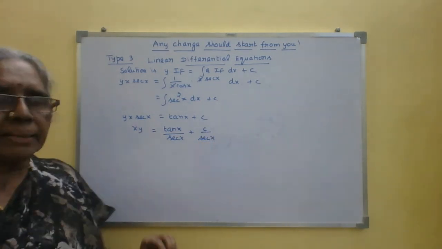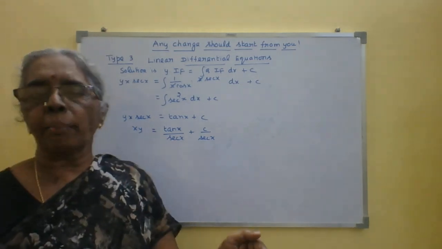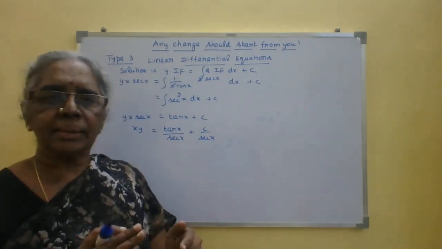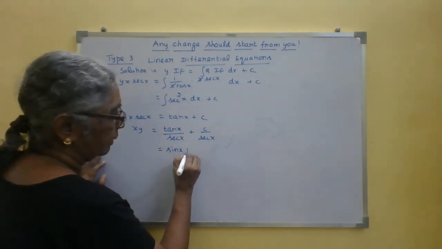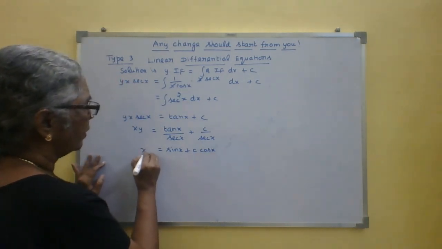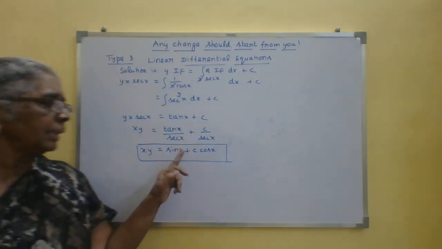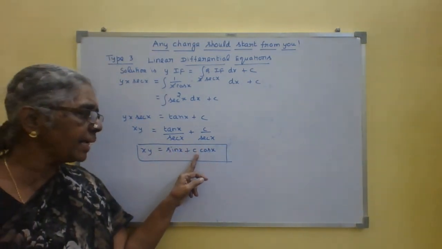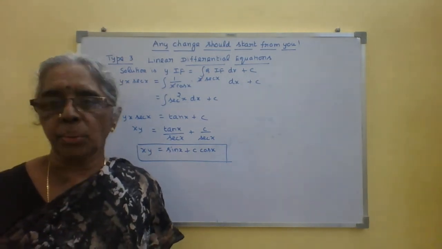Tan x is sin x by cos x, secant x is 1 by cos x, so the cos x and cos x get cancelled. I will get sin x here, and here c cos x. So xy is equal to sin x plus c cos x, which is the required general solution.